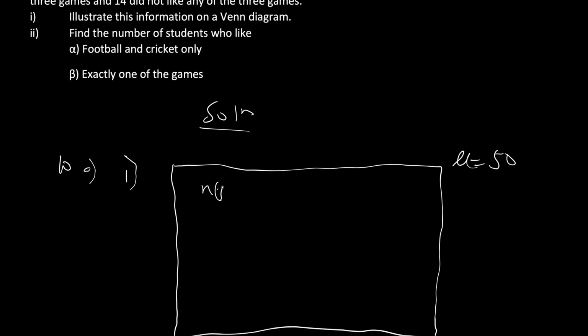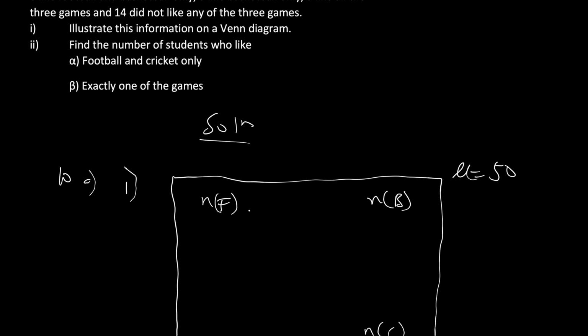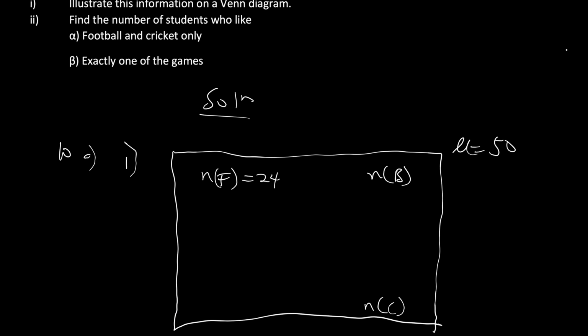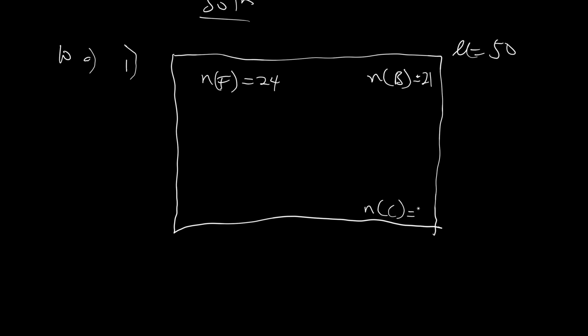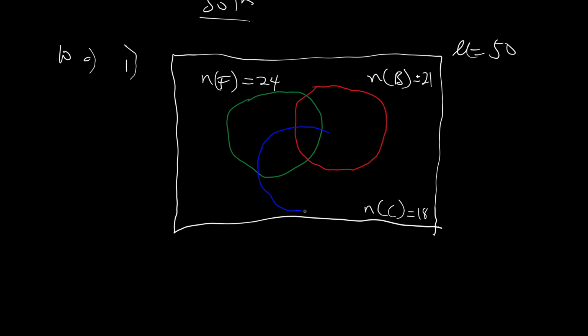We have the number of students who like football, basketball, and cricket. We know that football is 24, basketball is 21, and cricket is 18. So this will be for football, this will be for basketball, and this will be for cricket.